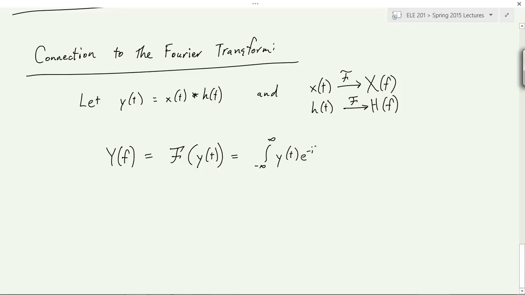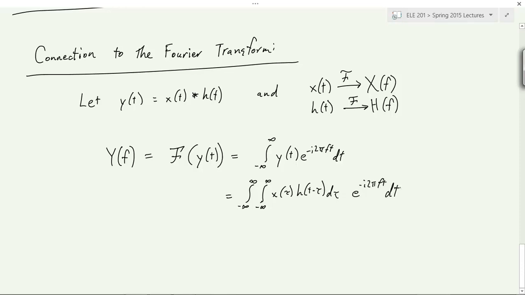Next, we're going to replace y with its definition under convolution, right? So by definition, we have y is a convolution. So we do the substitution here, we'll get another integral, the convolution integral. And now the rest of our outer integral here.